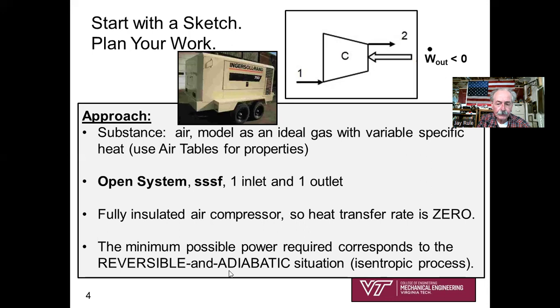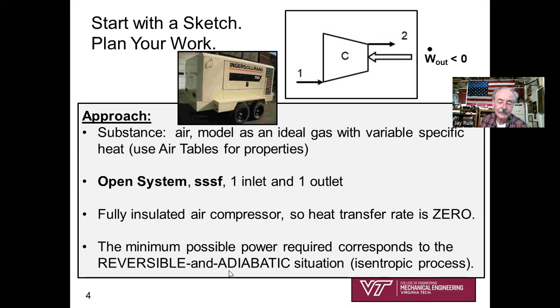And then we think, this isn't given, is it? We have to think through the second law, and we think, well, what would be the least amount of power needed to drive this compressor? That would be the situation where the compressor is reversible and adiabatic. Not just adiabatic, but reversible.